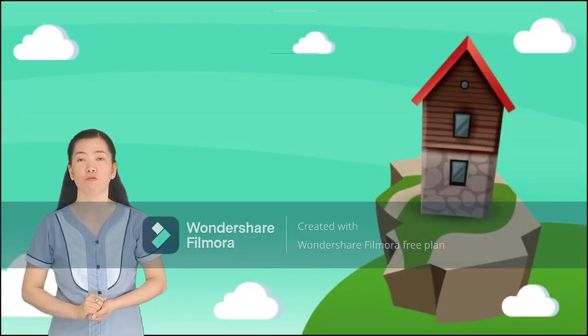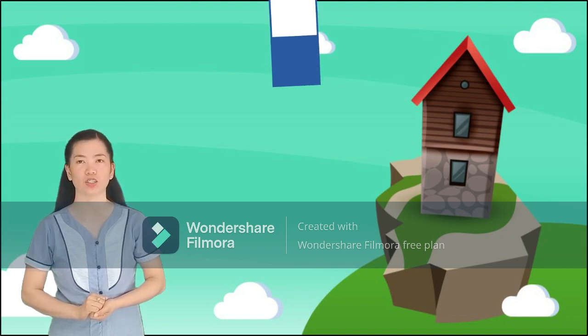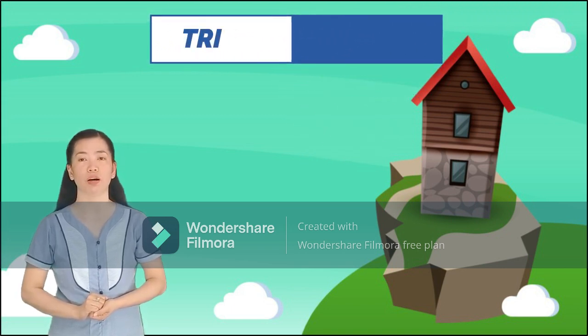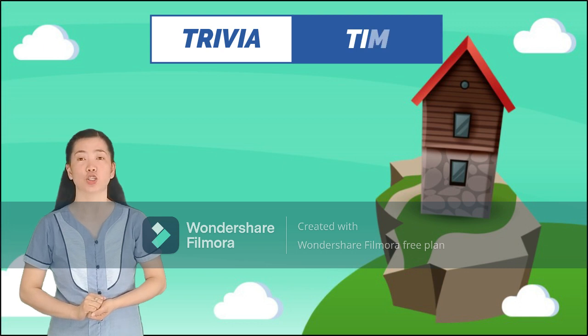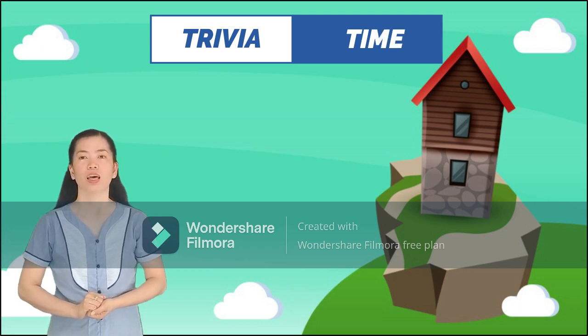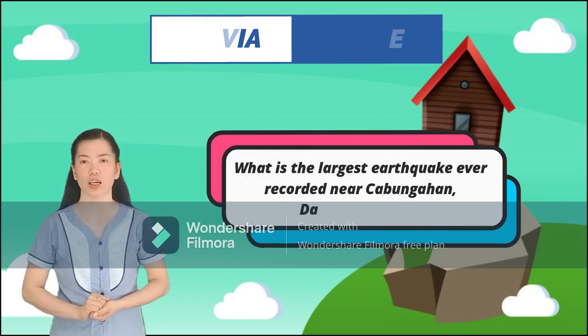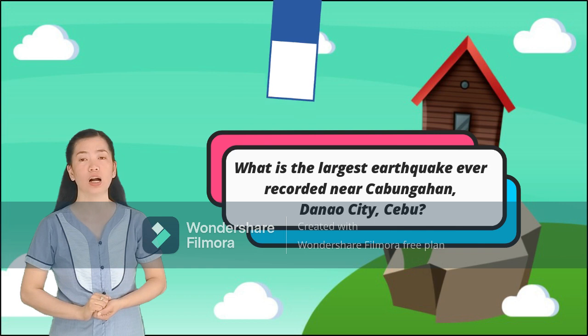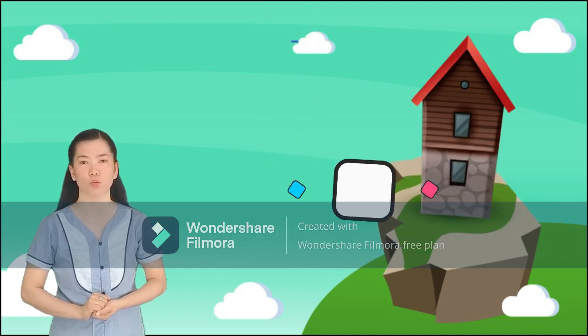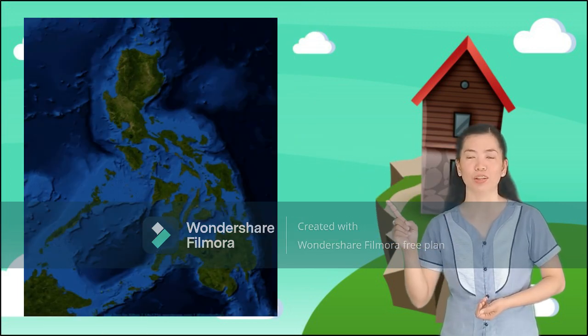Now, it's time for an exciting trivia challenge that will put your knowledge about earthquakes to the test and shake things up. Here's an intriguing question for you. What is the largest earthquake ever recorded near Kabungahan, Danao City, Cebu? You're absolutely right.